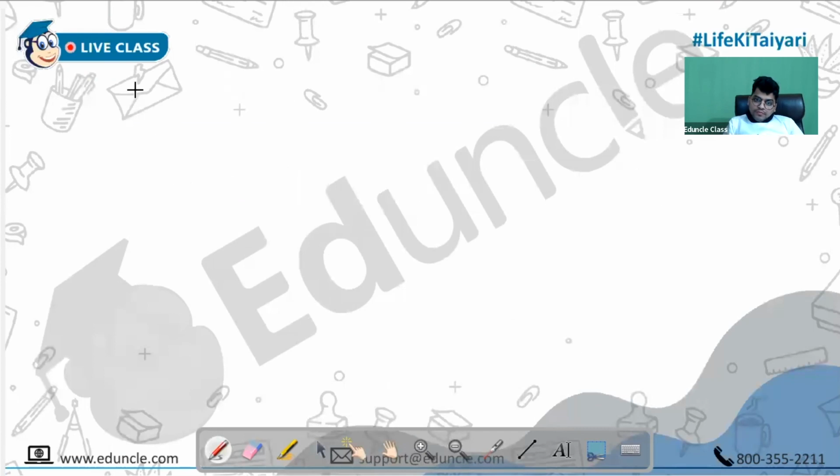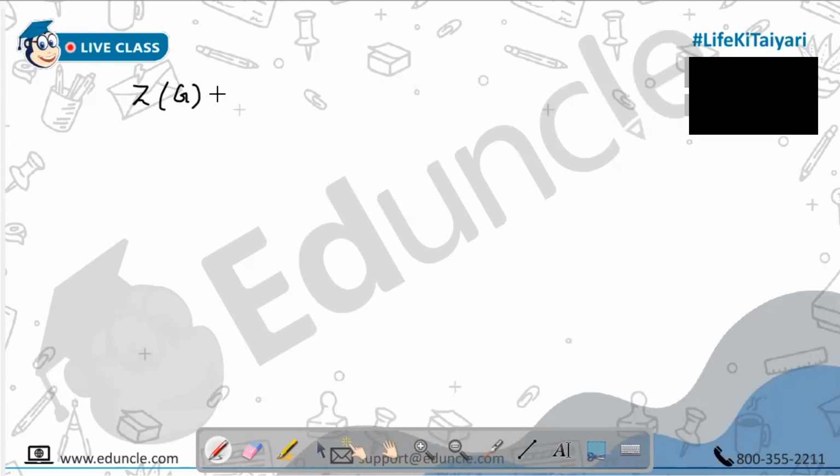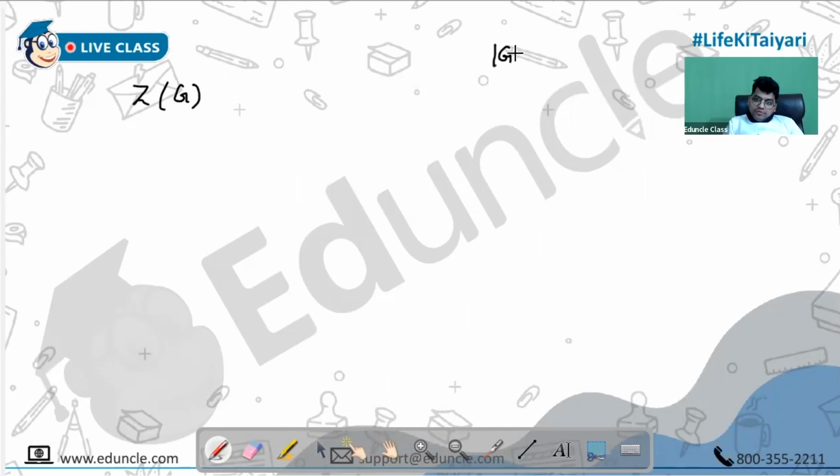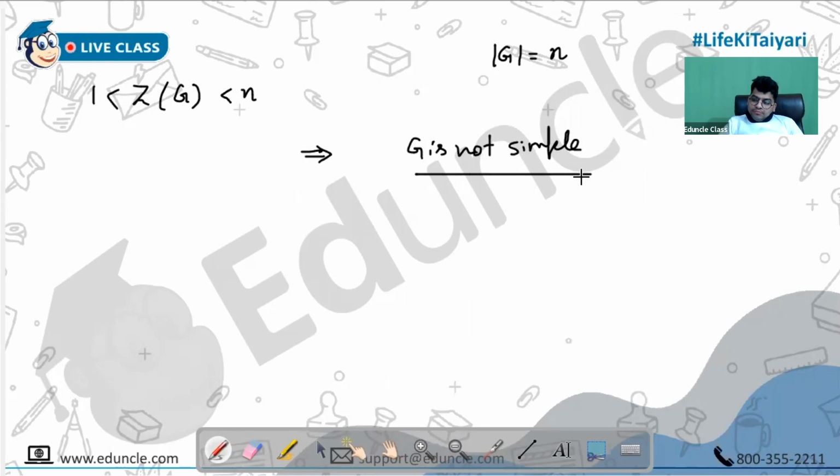See, Z of any group, let us consider the group is of order, मान लेते हैं n, and the center of G lies between 1 and n. ले लेते हैं ना तो ट्रिवियल है, it implies G is not simple. Done?